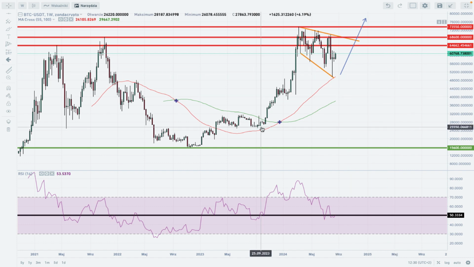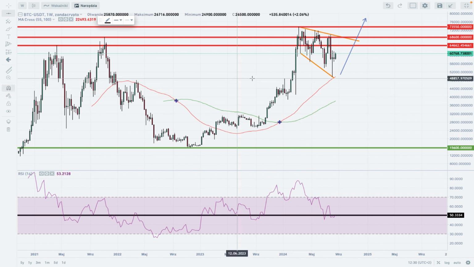So this is the long-term outlook basically for Bitcoin. The long-term outlook is still bullish. Now, what is the level on this chart that will separate the bullish outlook from the bearish outlook? If I could mark one level which is very important for that situation, it would be this low here.